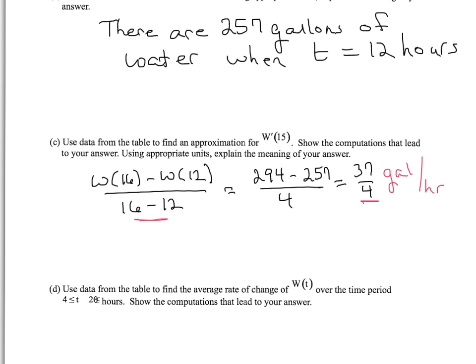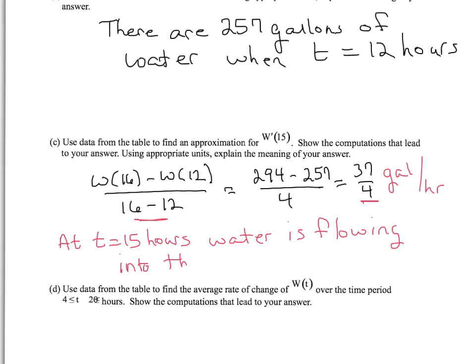Okay, and so it means at time equals 15 hours, water is flowing into the tank at a rate of, you need to talk about a rate, they're probably looking for the word rate, of 37 fourths gallons per hour.